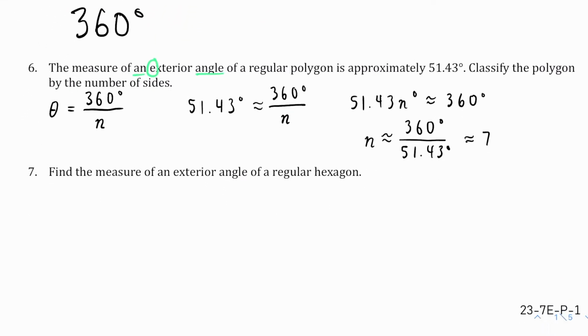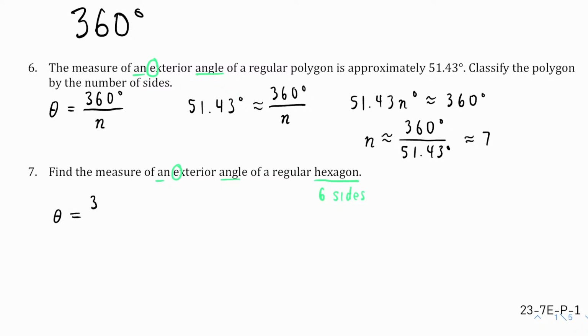Number 7, find the measure of an exterior angle of a regular hexagon. So again, a hexagon is 6 sides. Exterior tells us that we're using the 360 formula. And it's an angle, so we're going to end up dividing by n on here. So same formula as last time.